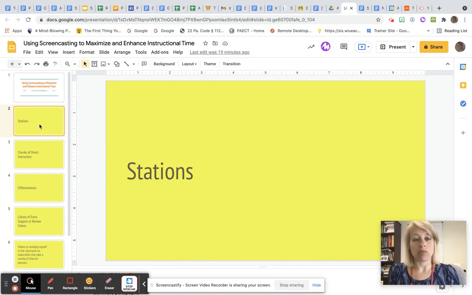I had different review stations that I had students split up in, and those stations asked students to do a variety of things, and they were engaging activities in each station. In one station, students had to categorize information that I gave them.